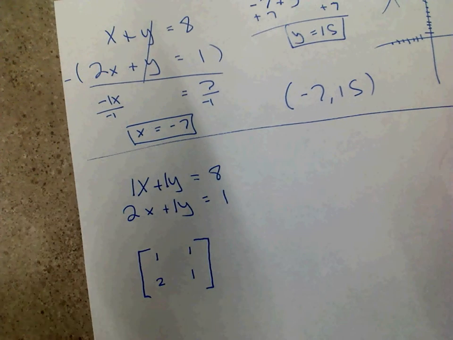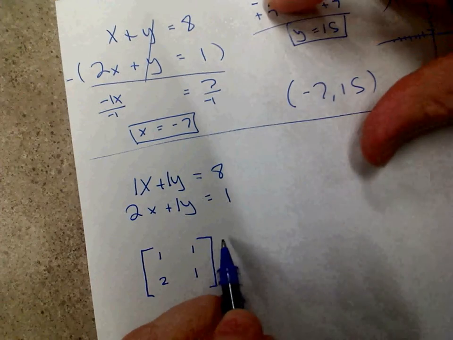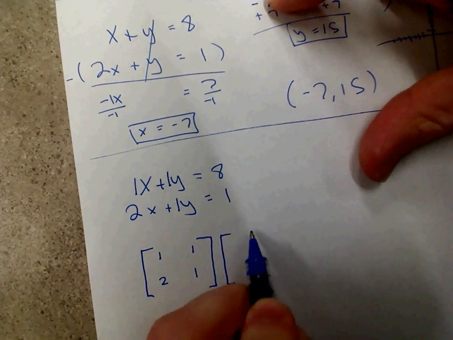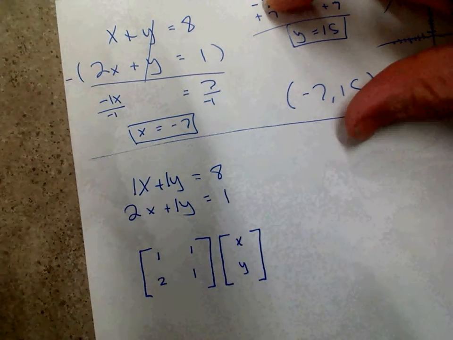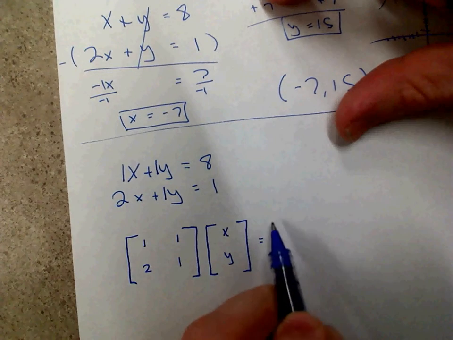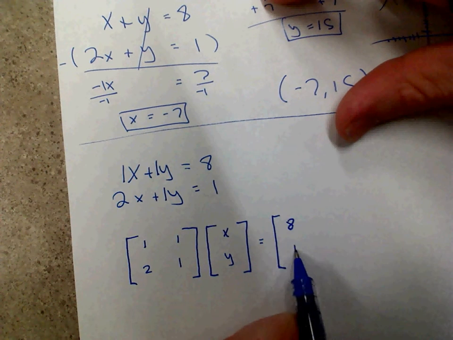Not very creative on the names, it's a coefficient matrix because it's created by coefficients. And then next we have a variable matrix, which, if you can guess, is because it's the variables. And then finally we have a constant matrix because it's made up of the constants.